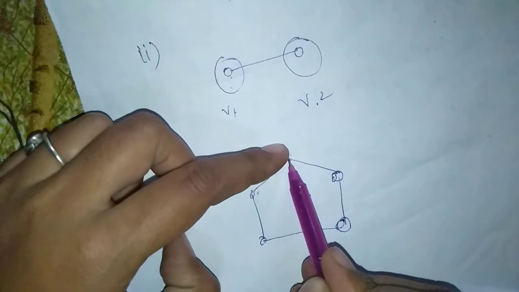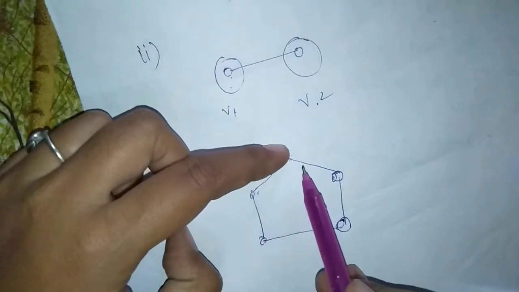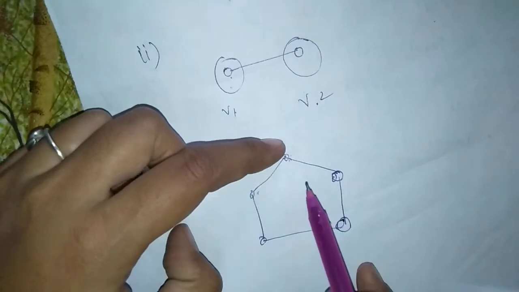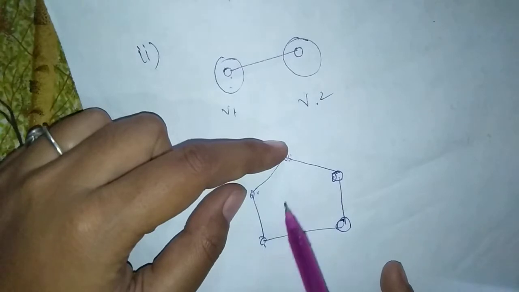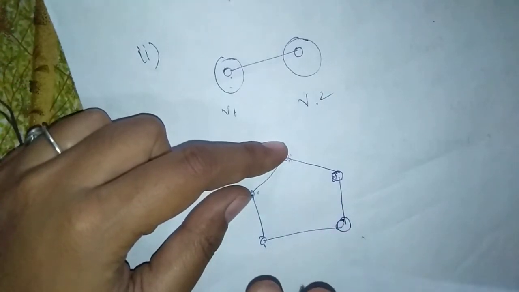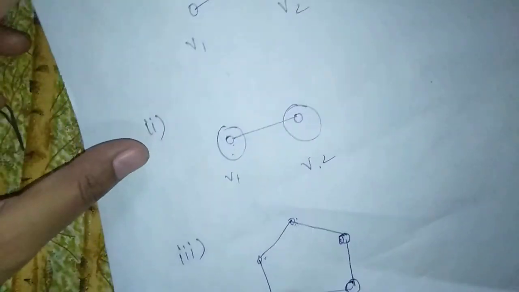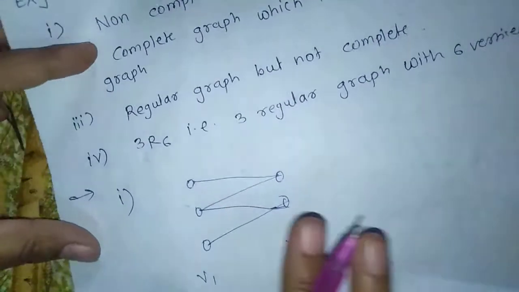But each vertex is not adjacent to all the remaining vertices. That's why it is not a complete graph, because this vertex is adjacent to only these 2 vertices. These 2 vertices are not adjacent to this vertex. That's why it is not complete. So this graph is a regular graph but not complete.